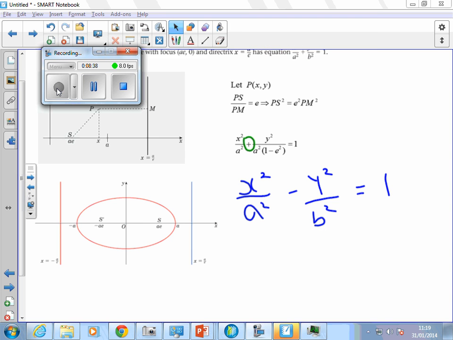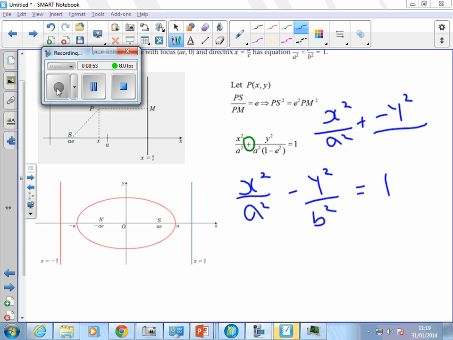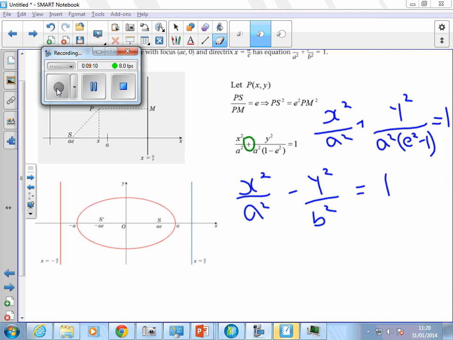If I did times top and bottom by minus 1, x squared over a squared, now plus, if I times the top by minus 1, I get minus y squared. If I times the bottom by minus 1, I get a squared bracket e squared minus 1 is equal to 1. So I can change that, and now that looks like a hyperbola to me, just by multiplying top and bottom by minus 1.